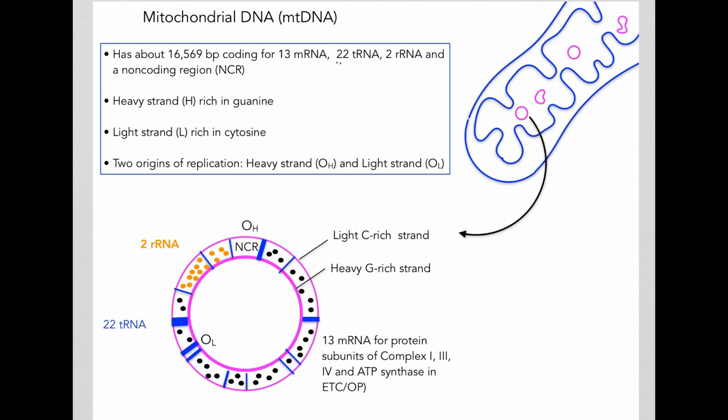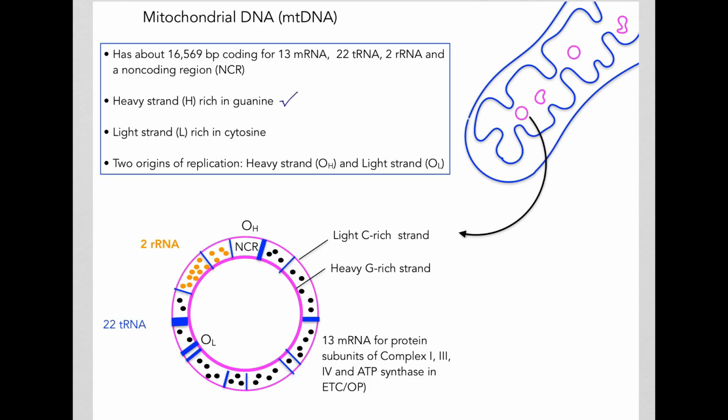Then the rest of the DNA codes for 22 transfer RNAs, 2 ribosomal RNAs, and then there is also a region here called NCR, or non-coding region.